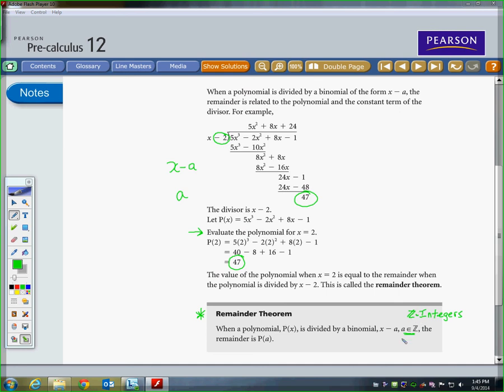So a is a member of the set of integers. The remainder is p of a. So that's exactly what we're doing. So p of 2, the result was 47, and that's the same as the remainder when you divide that same polynomial by x minus 2.